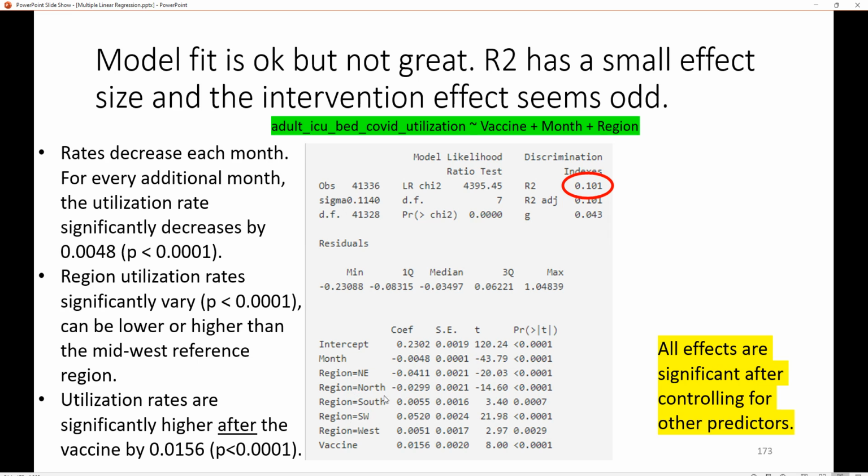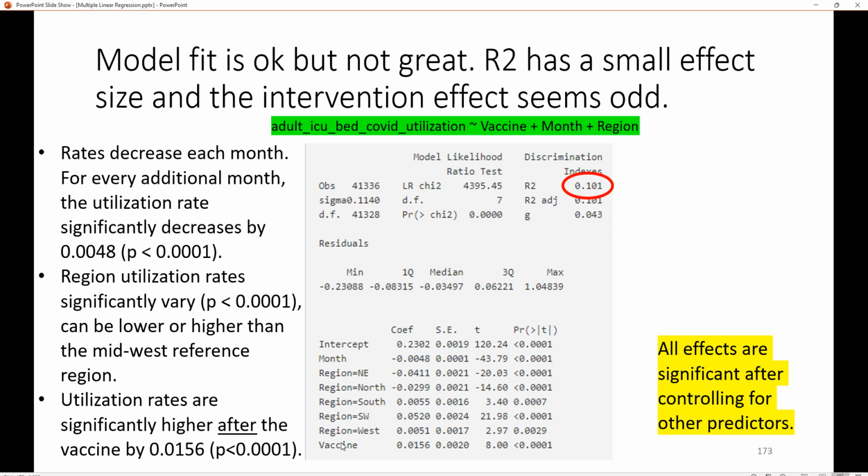Overall, we definitely see a significant difference between regions, and we can interpret for the vaccine that utilization rates are significantly higher after the vaccine was implemented by about 0.0156 points, and that's again very significant with the p-value less than 0.0001. All effects are significant after controlling for other predictors.